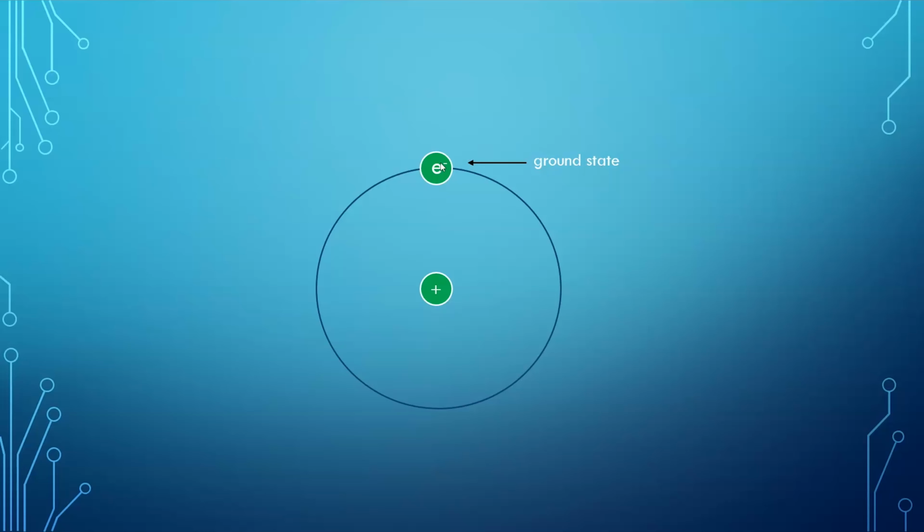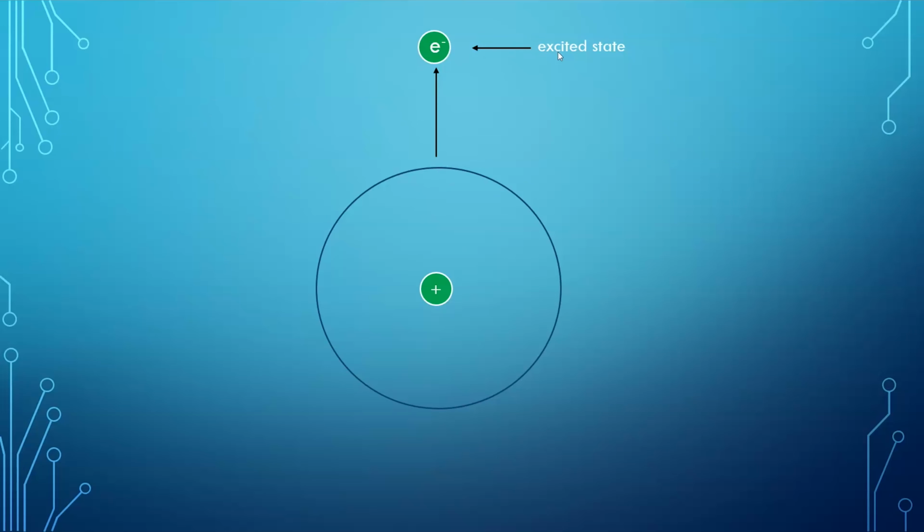So the electron, if you drop an electron into the atom, it falls as close as it can get to the nucleus. You might be wondering, well, why doesn't it go even closer? And the answer to that question will come up a little later in the chapter when we talk about quantum mechanics.